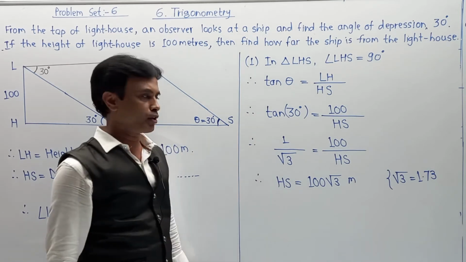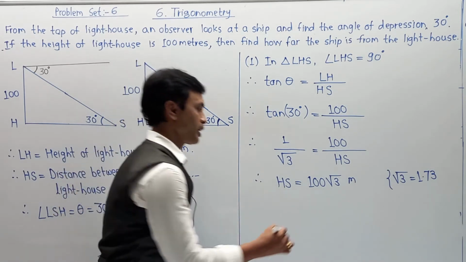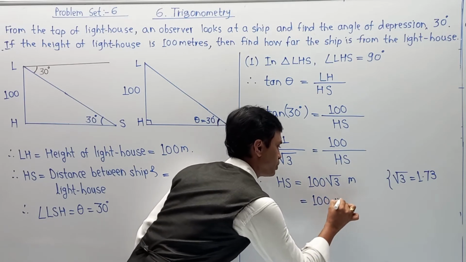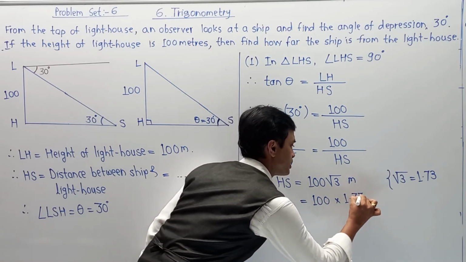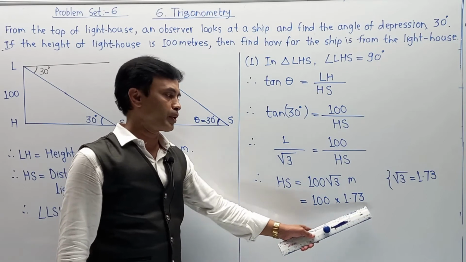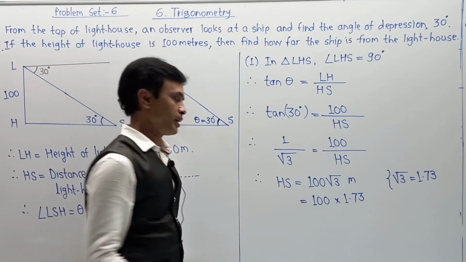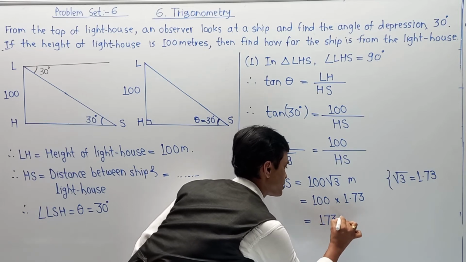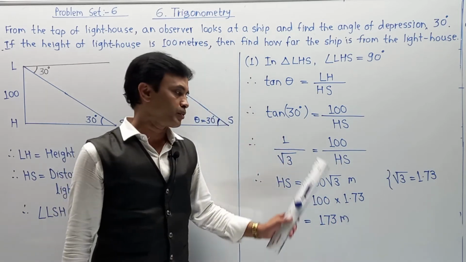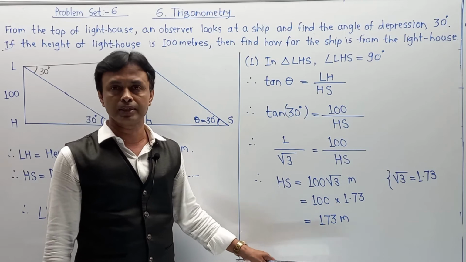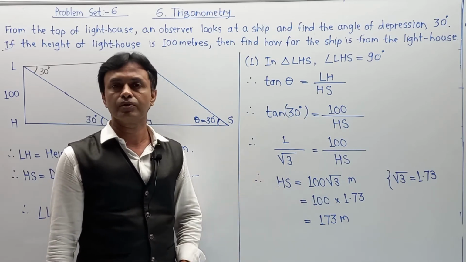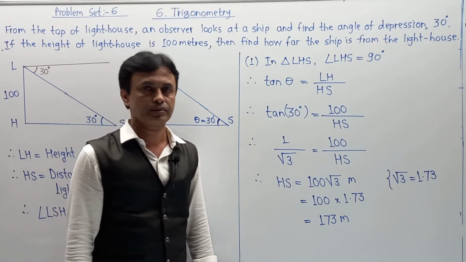If you want to put that value, your answer will be modified and become 100 into root 3. Root 3 means 1.73, and 1.73 gets multiplied by 100. That becomes 173 meters. In this way you can simplify the part and still reach the answer. Both ways, your answer is perfect.